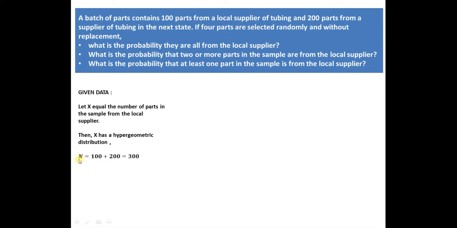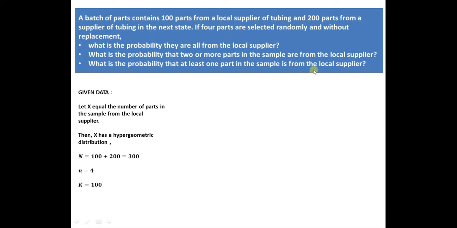Capital N is the total number of parts: 100 from the local supplier and 200 from the supplier from the next state, so the total is 300. Out of this we have taken a sample of size 4, 4 parts selected at random, so small n is equal to 4.